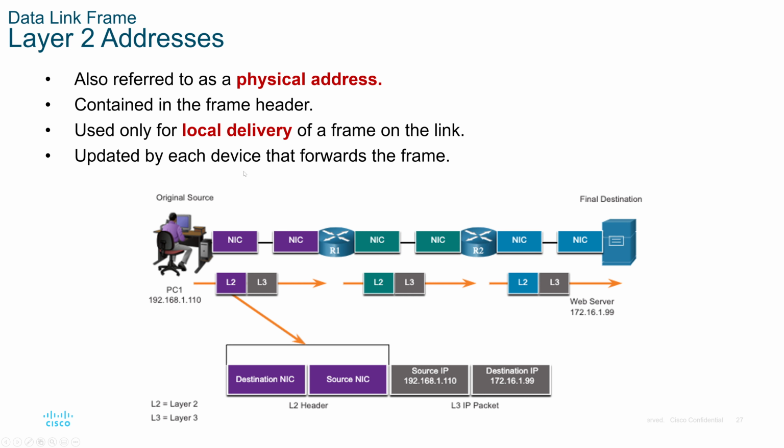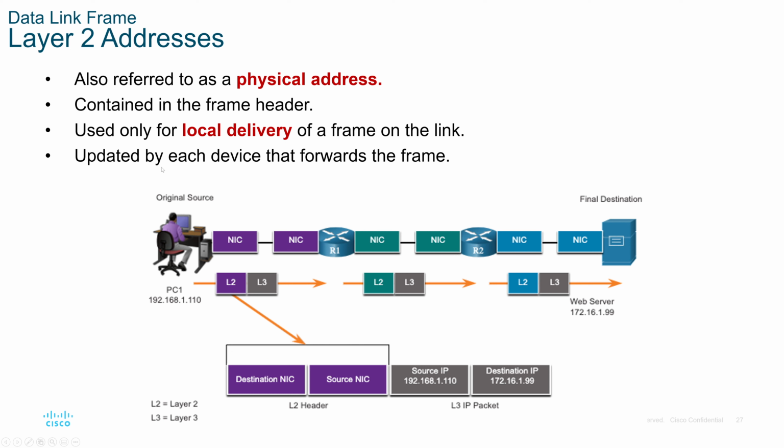And they get updated by each device that forwards the frame. For example, when this user sends a packet, the physical address of the packet from this end device, in this case the computer, to the router's port on the left hand side is the same, but when it leaves the router on the right hand side port, it will have a new physical address of that router's port until it reaches the next router.